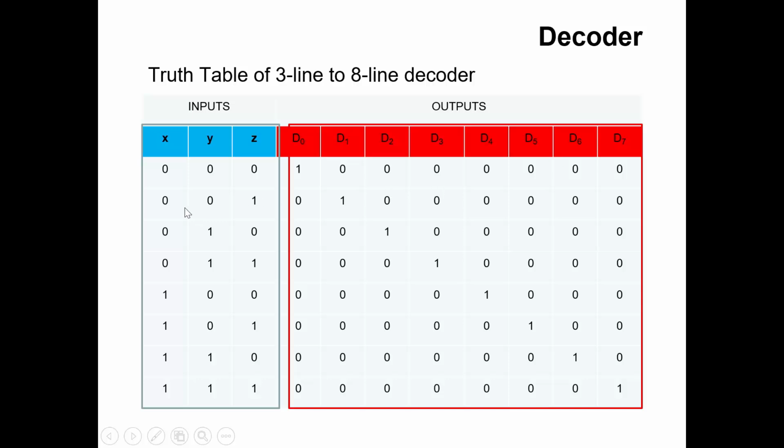For X is 0, Y is 0 and Z is 1, we have D1 high and all other outputs are 0. Similarly, for this entry, X is 1, Y is 1 and Z is 1, D7 is high and all other outputs are low.